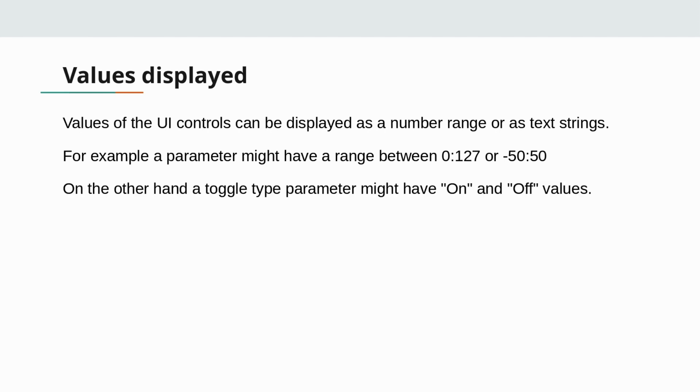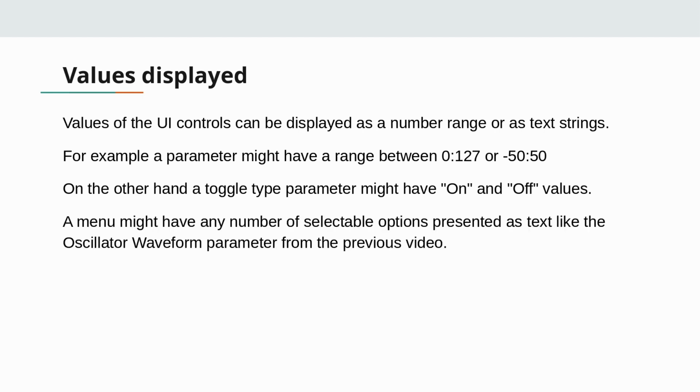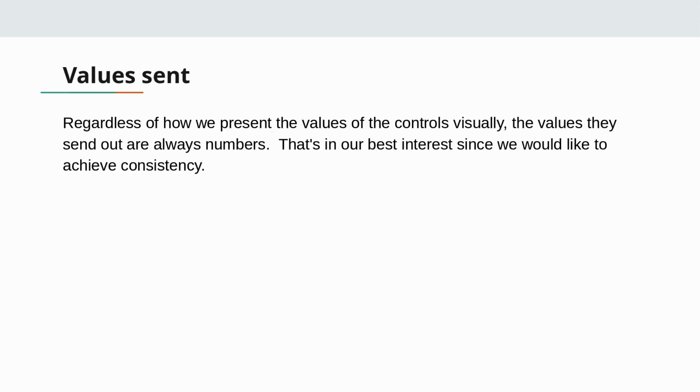On the other hand, a toggle type parameter might have on and off values. A menu might have any number of selectable options presented as text, like the oscillator waveform parameter from the previous video.